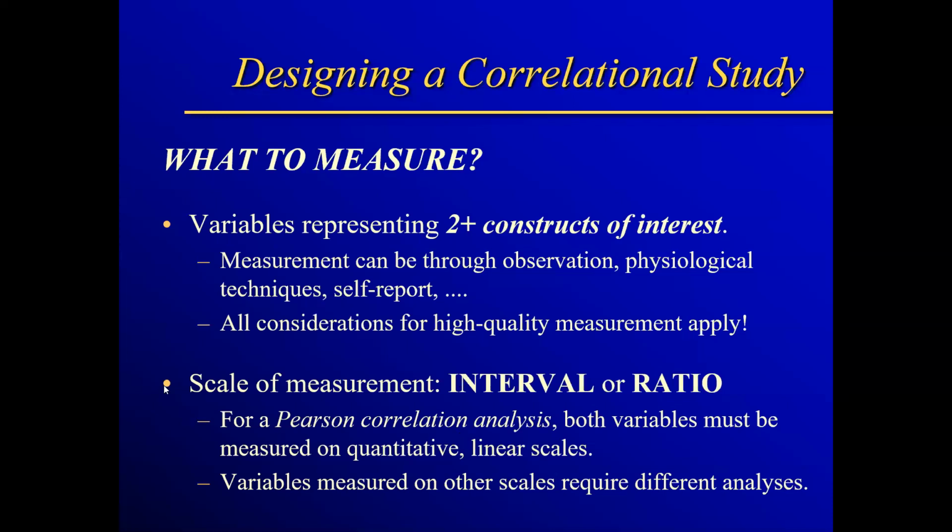An example of something that's not a quantitative or linear scale could be gender, right? Gender is dichotomous, it's categorical. Ethnicity, it's categorical. You can't do a correlation with that type of data. It has to be data on scales that vary numerically. All right, so that's your main component of data, just two variables that are quantitative. Simple.